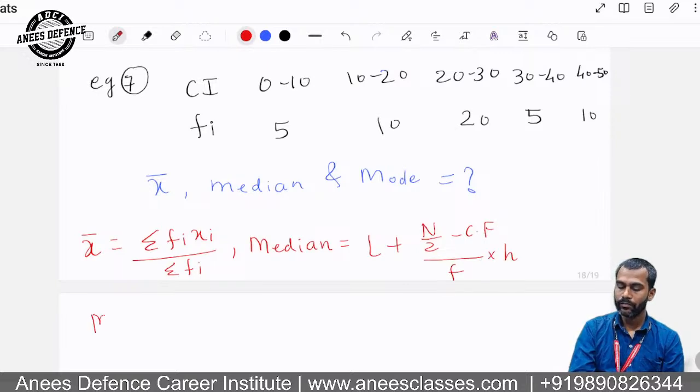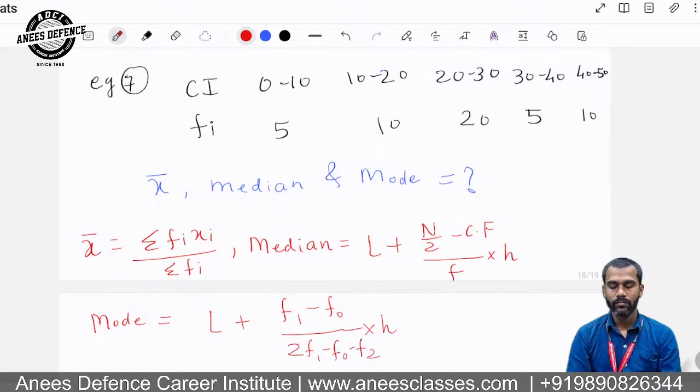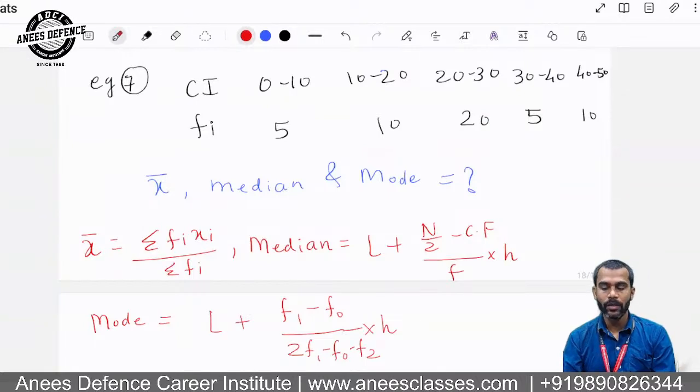What about mode? L plus f1 minus f naught, divided by 2f1 minus f naught minus f2, into h. Please remember the formula and apply it. For median and mode, you need to find out the median class and modal class. And for mean, you have to find out class mark. What is class mark? Upper limit plus lower limit divided by 2.